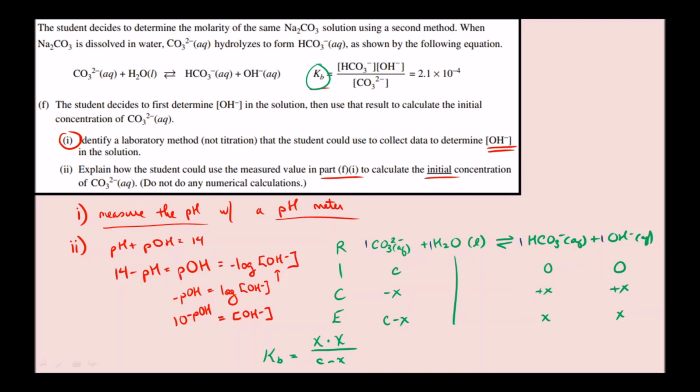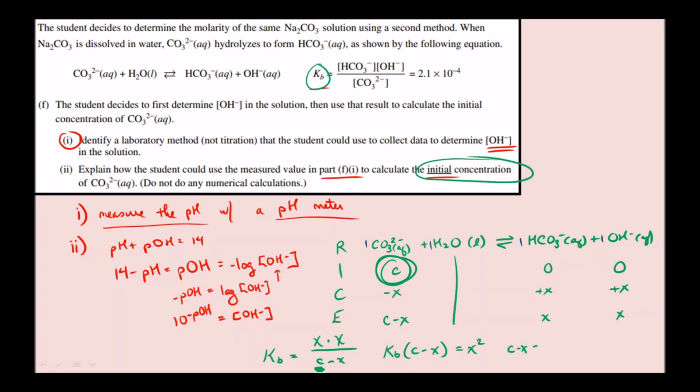And what the question asks for is the initial concentration of the carbonate ion, which is C. So we need to isolate C in this equation. So we'll do Kb times the denominator, C minus X, is equal to X squared.